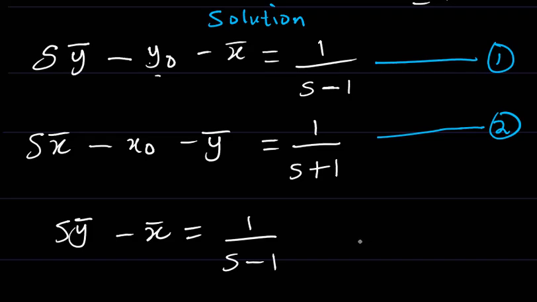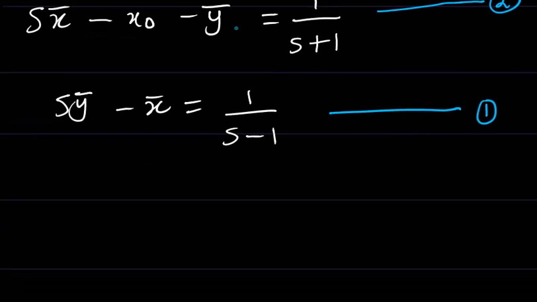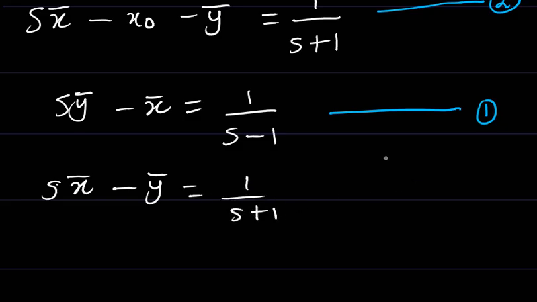This still remains my equation 1, and I'll do the same for the other. Of course, this is s x bar minus y bar equal to 1 all over s plus 1. And here I have equation 2.